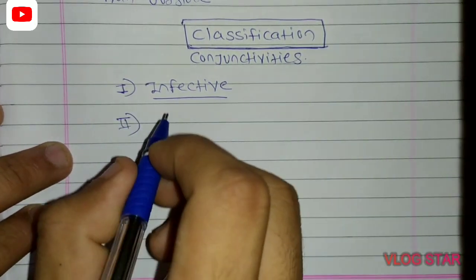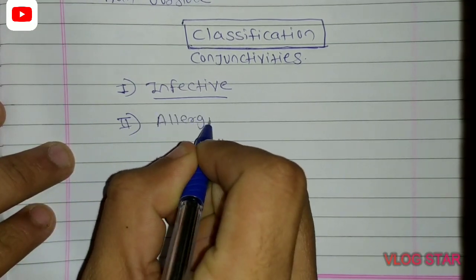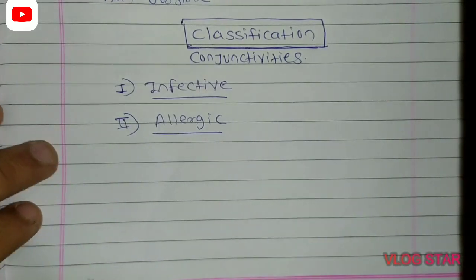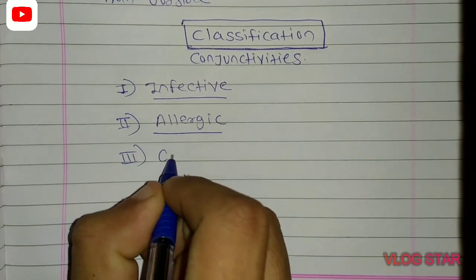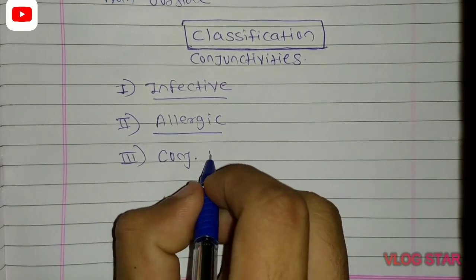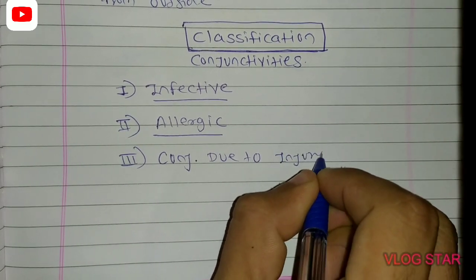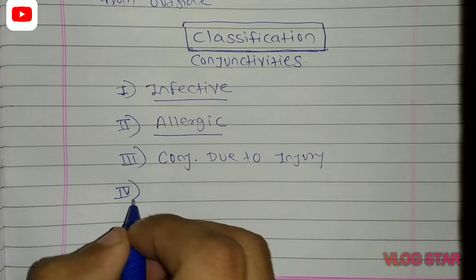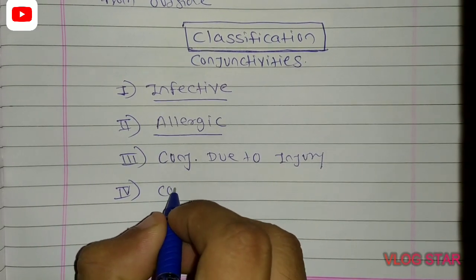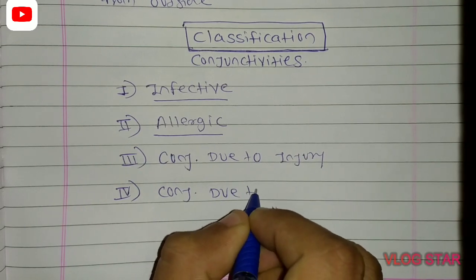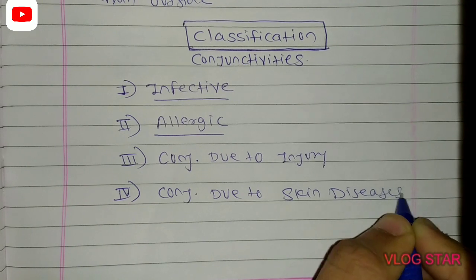Second is allergic conjunctivitis. Third is conjunctivitis due to injury, and fourth, that is the last one, is conjunctivitis due to skin diseases.